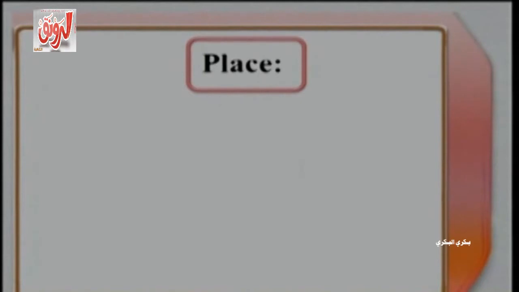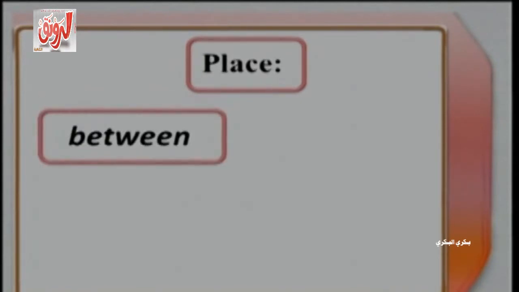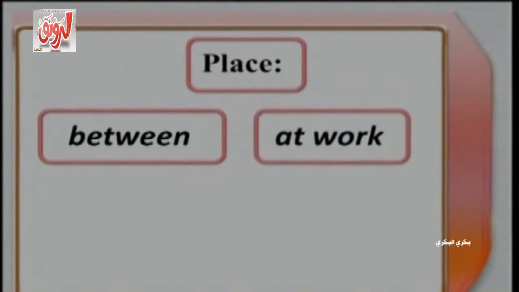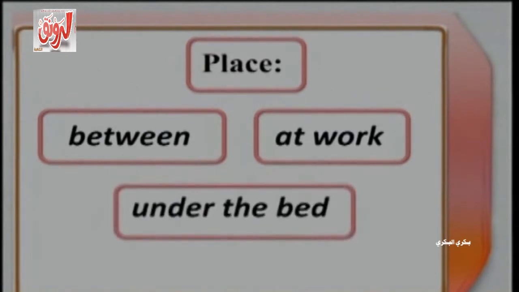These are concerning time. As for place, you say between. It shows the place where something is located, where something is put. Between, at work, that's the place where he is, and in the bed also shows the place.